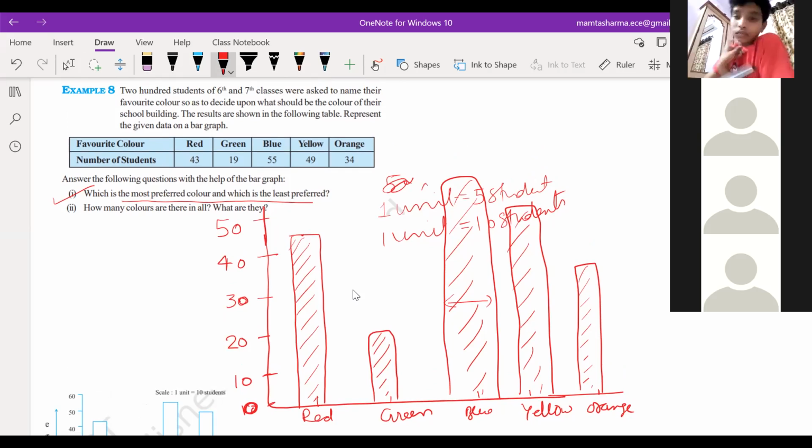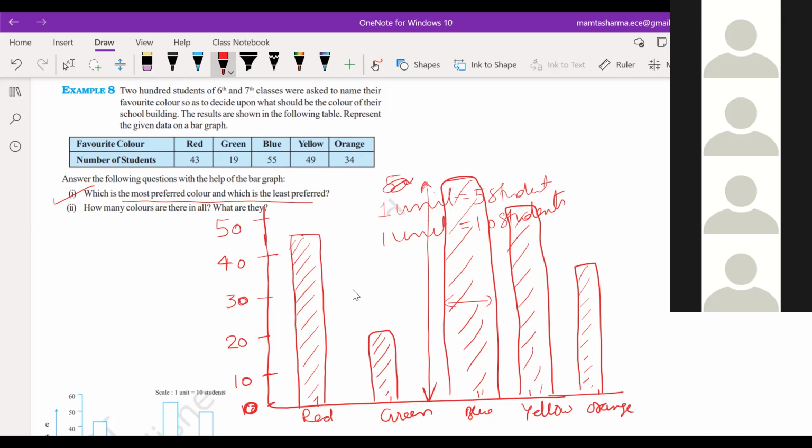This is the highest, the tallest bar. So for this bar the favorite color is blue. So blue is the most preferred color. Am I correct? Yes, ma'am.